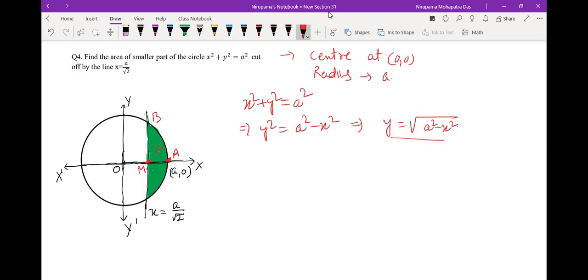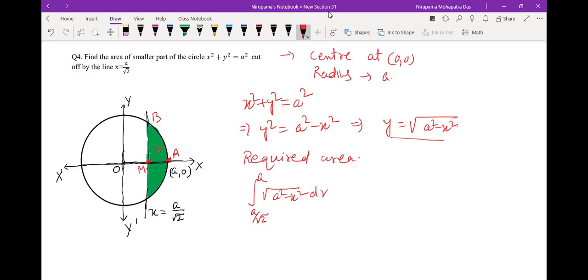Now the required area is the integral of under root a square minus x square, with limits from a by root 2 to a.